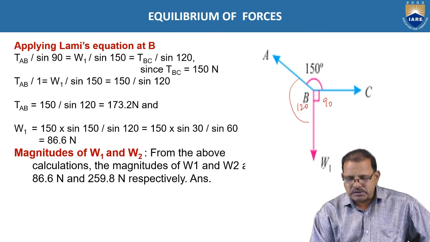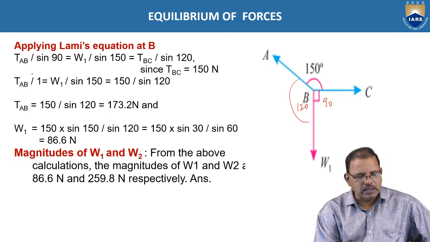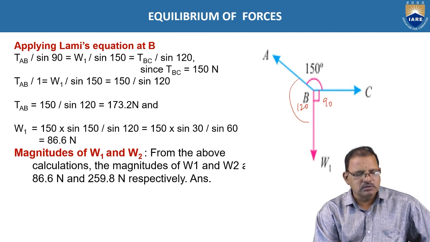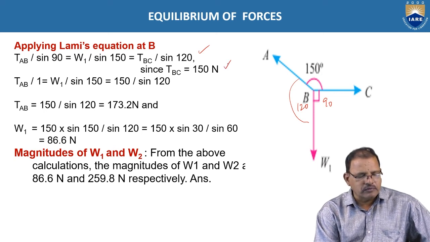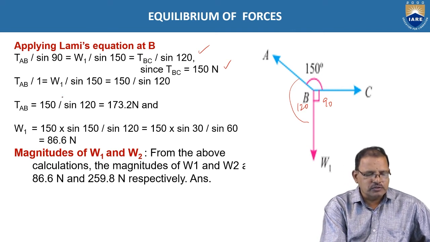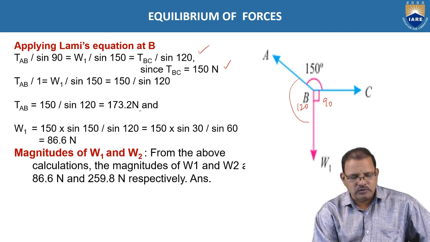Now, according to Lami's principle, TAB divided by sin 90 is equal to W1 divided by sin 150, which is equal to TBC divided by sin 120. Since TBC was already determined to be 150 newtons, substituting the values, TAB divided by sin 90, which is 1, is equal to W1 by sin 150, which is equal to 150 divided by sin 120.